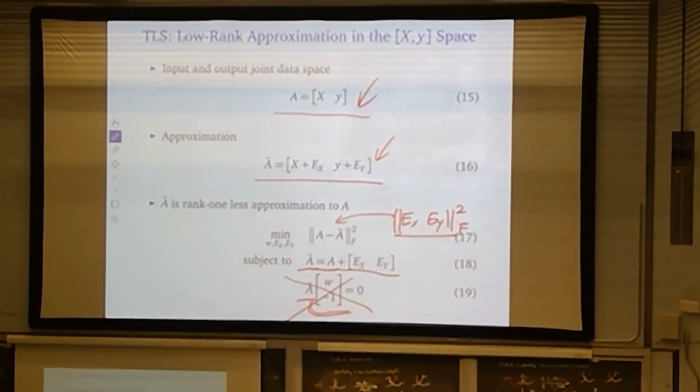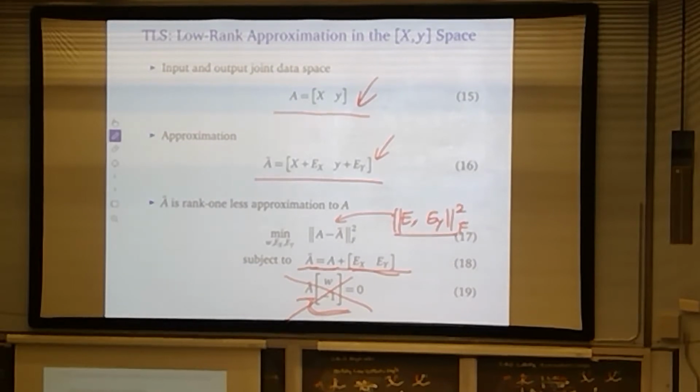Without this, it doesn't say much. There's no constraints. Just says, there's a trivial solution. EX equals 0, EY equals 0. And the objective value is 0, right? Make no adjustment. That's minimum perturbation. With this, though, this is no longer the optimum.